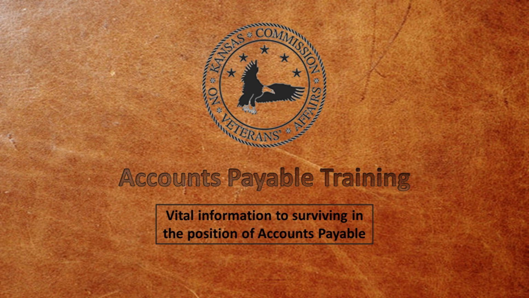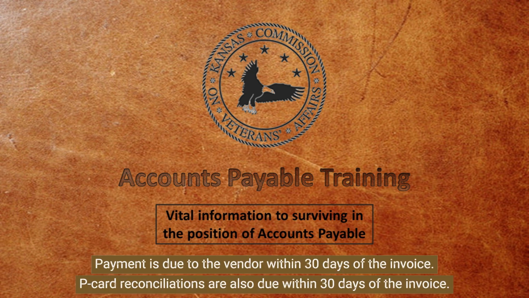Oh, just so you guys know, on the P-card reconciliations, they are due the same as the invoices. We have 30 days in which to pay them. I know that the statements say like they're due on the 15th or whatever, but according to what Tim Hunt has said, we have like till the 25th or whatever, so technically we still have like the 30 days to get those reconciled, just for those of you who are reconciling them.